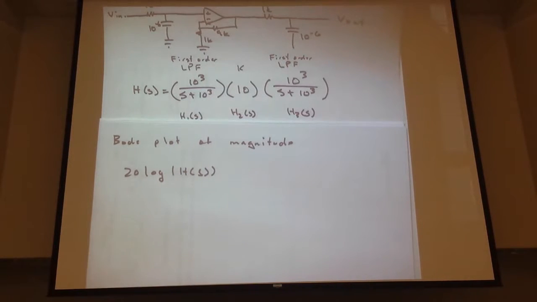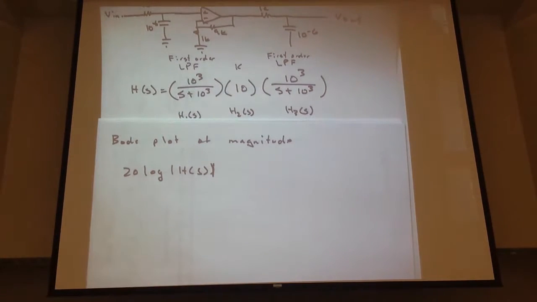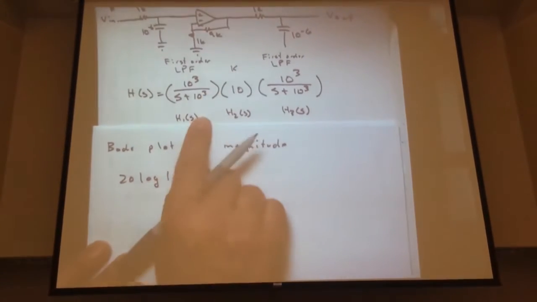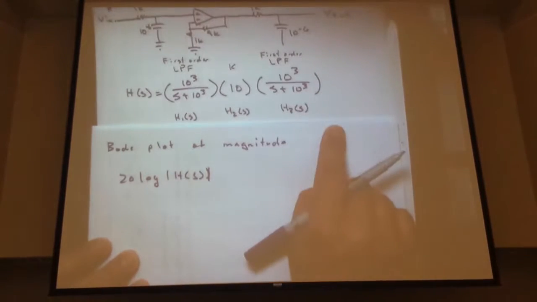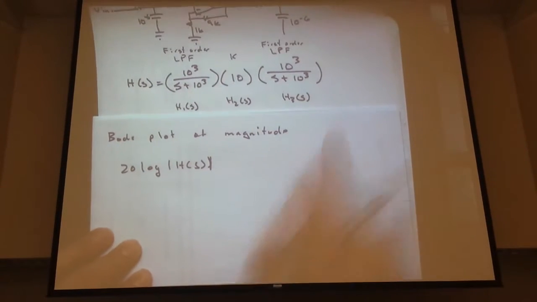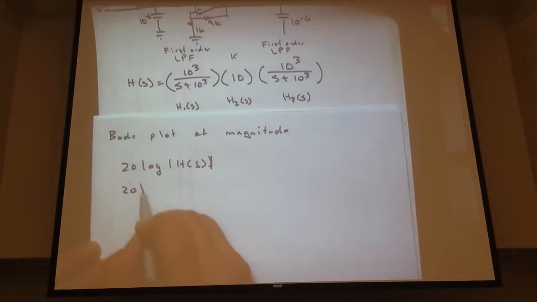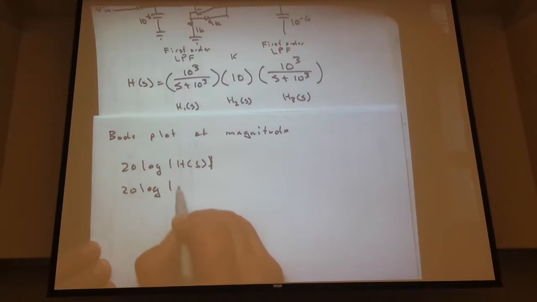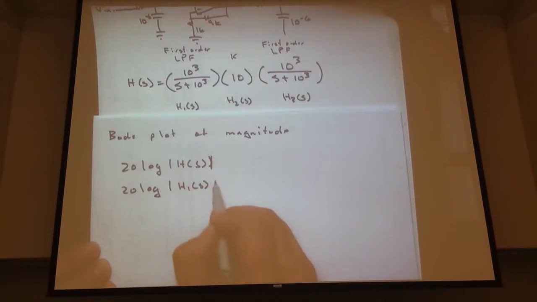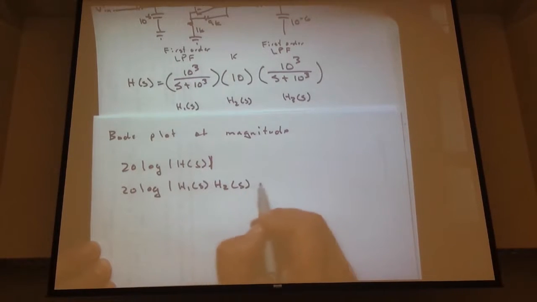So again, whether we use j omega or s doesn't matter. In this case, this three-stage network, H of s is H1 of s times H2 of s times H3 of s. Right? It's just multiplied out. So we can actually substitute that in, H1 of s times H2 of s times H3 of s.